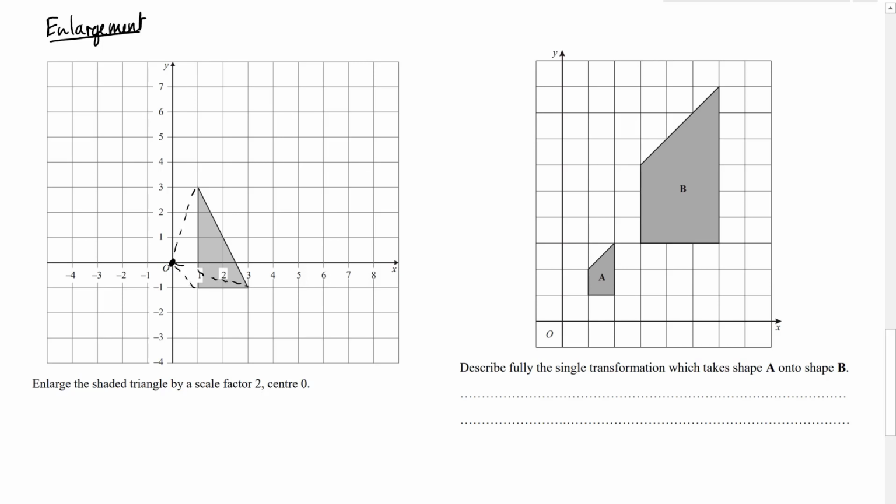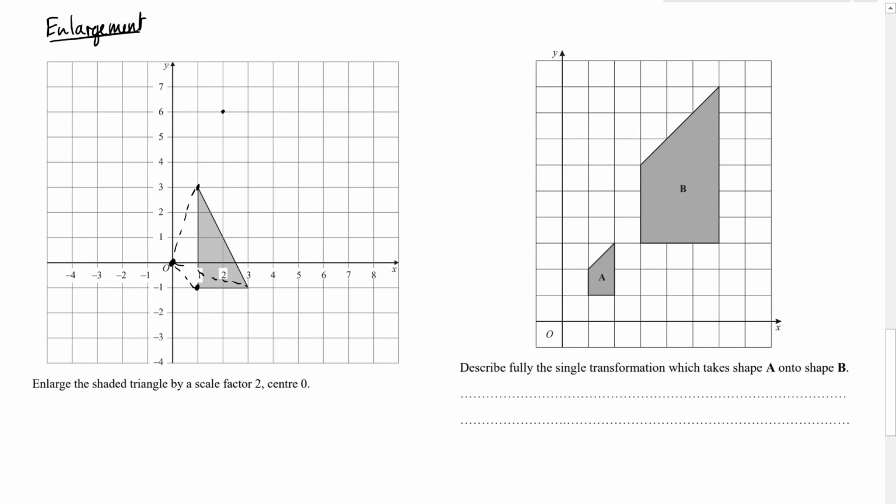Okay, so you can do it like this and then double the distances. I would personally say think about them a point at a time. So let's choose this top point up here first. In order to get to this point from the origin, I have to move 1 across and then 3 up. So if I were to double that, I would have to move 2 across and then 6 up. So this is the top point now. Okay, so that's that point done.